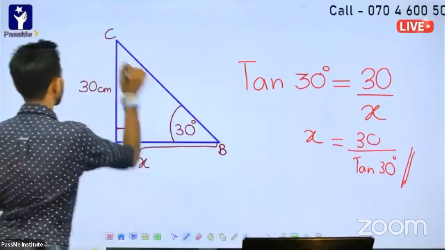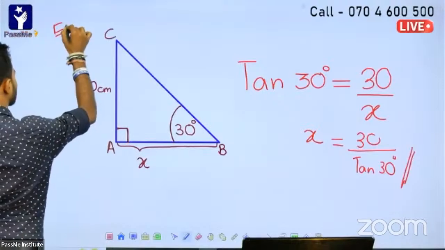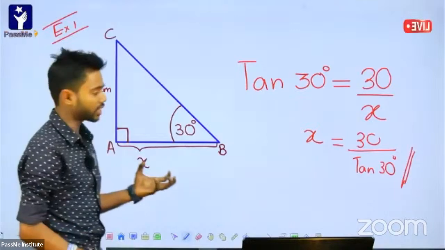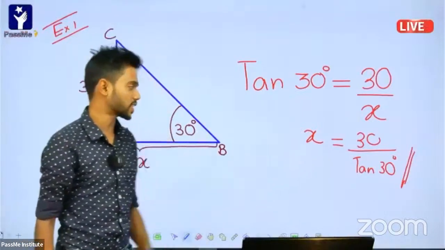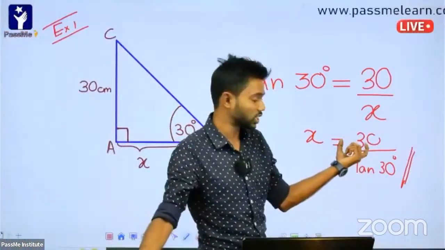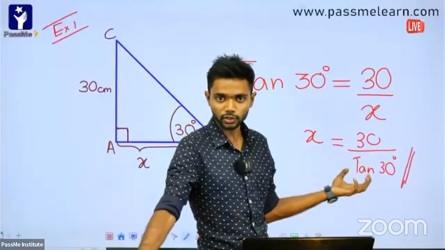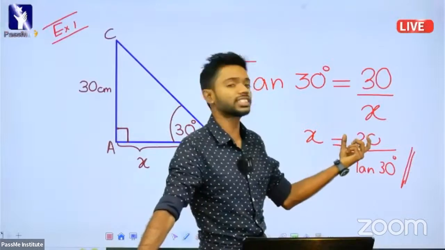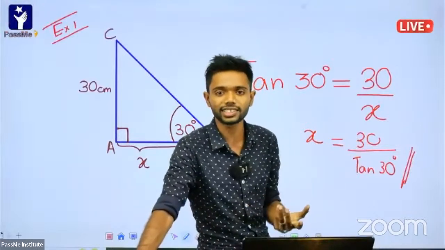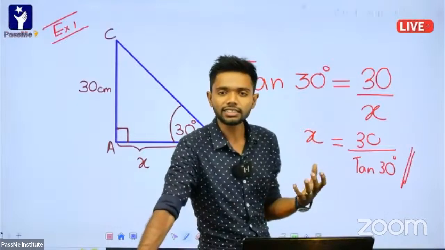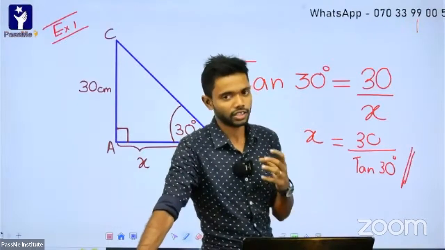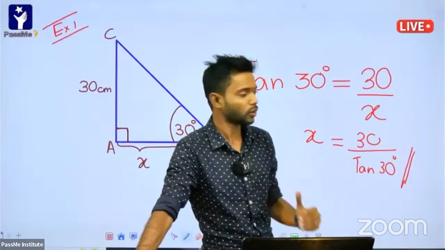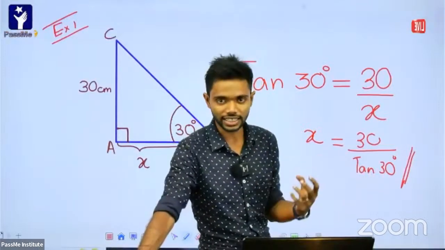Please write this one as example number 1. So you have a triangle, and you have the answer for x. You know the 30 degree, and you know tan. Up to now you don't know the value for tan 30, right?